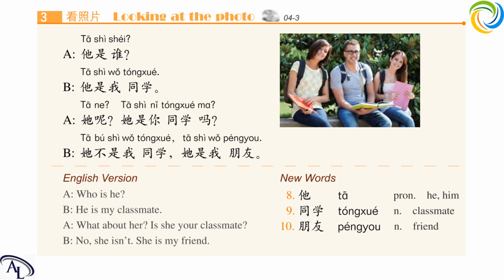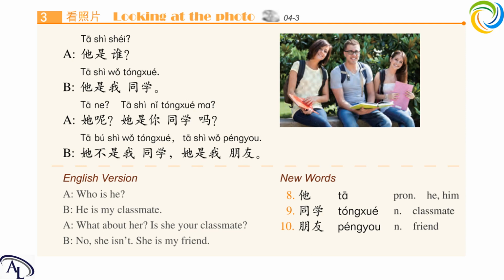The initial t and the final ong and the tone, second tone. Put them together. 同. Initial x, final ue, and the tone is second tone. 学, 同学. Read after me, please.